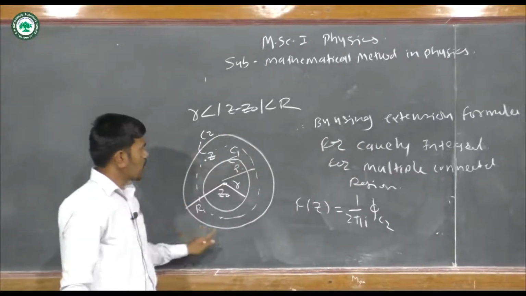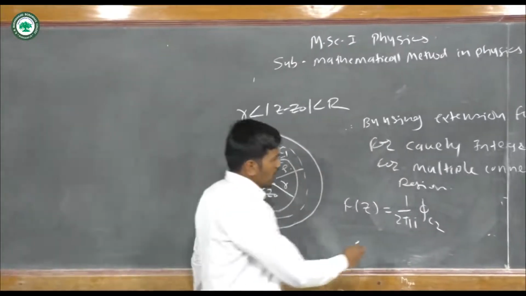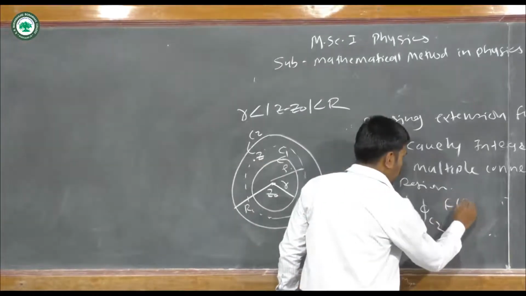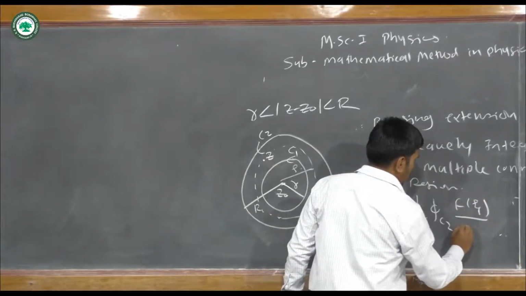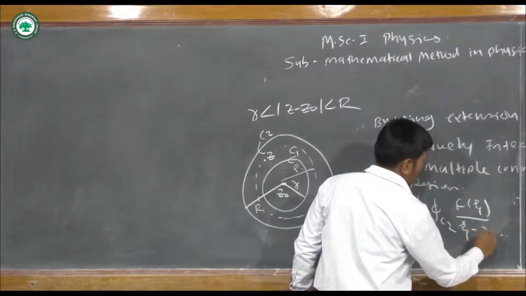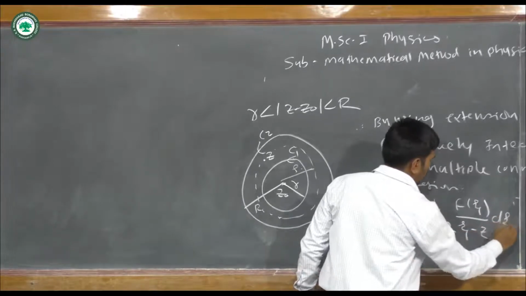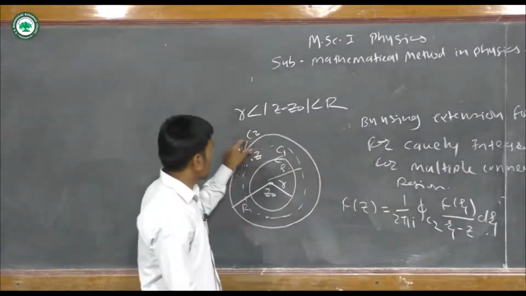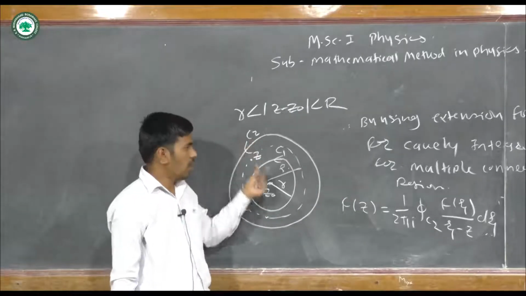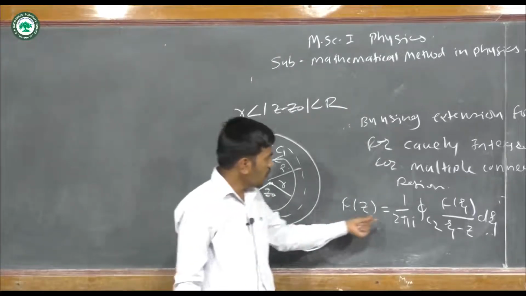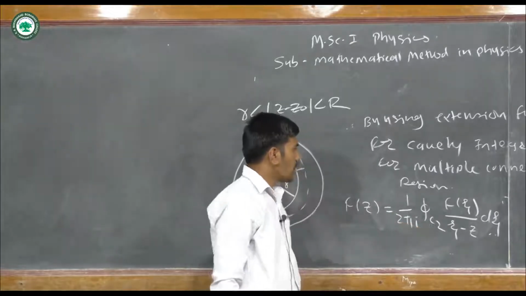First I am considering the C2 loop, and it is f of psi divided by psi minus z into d psi, where psi is over C2. So this is for C2.